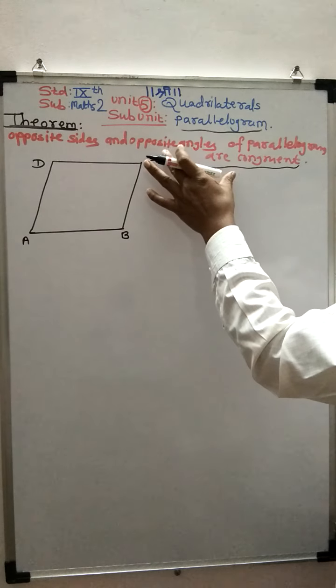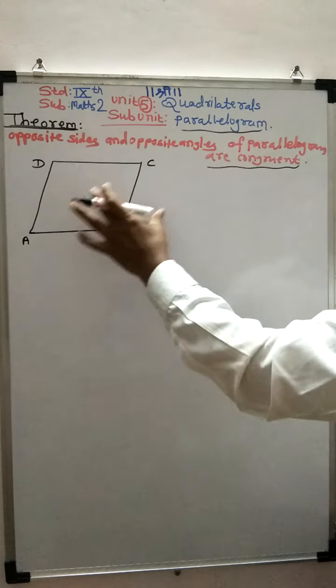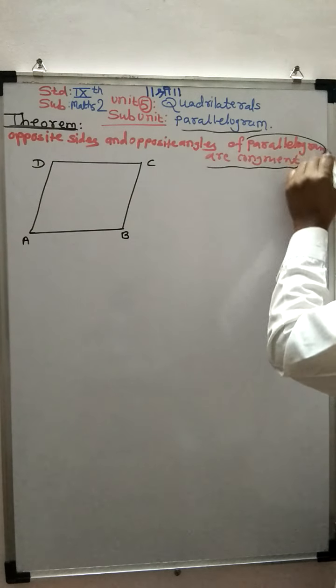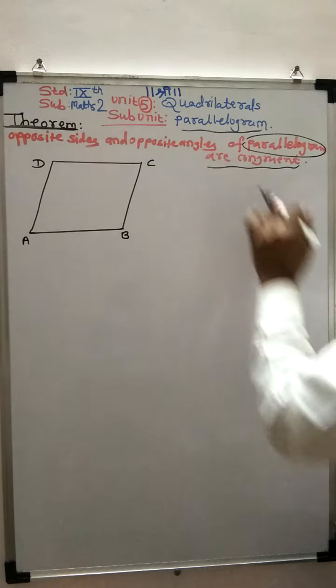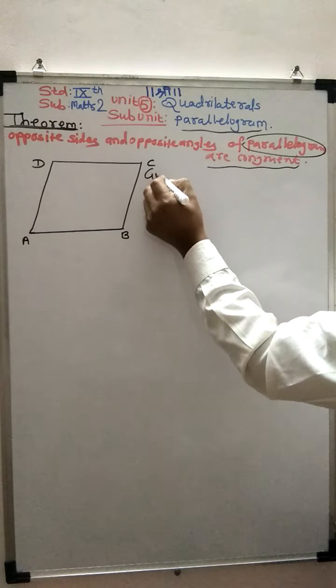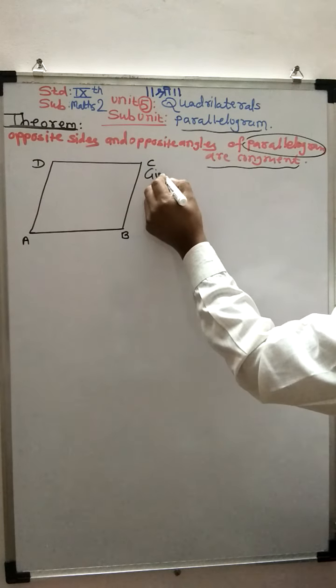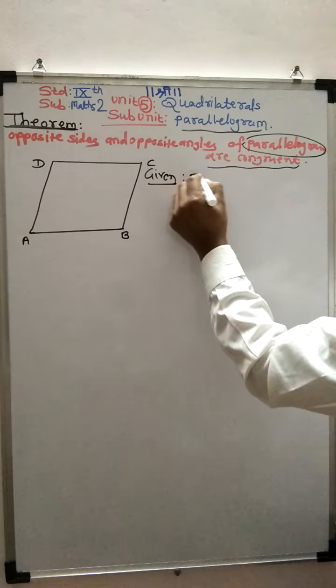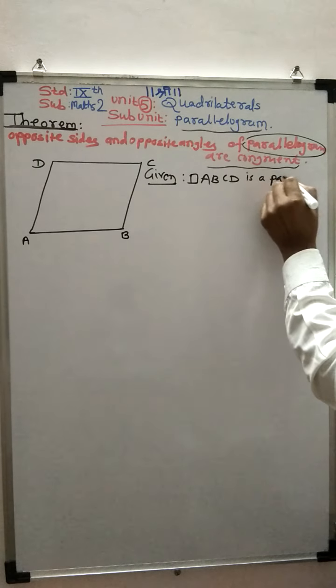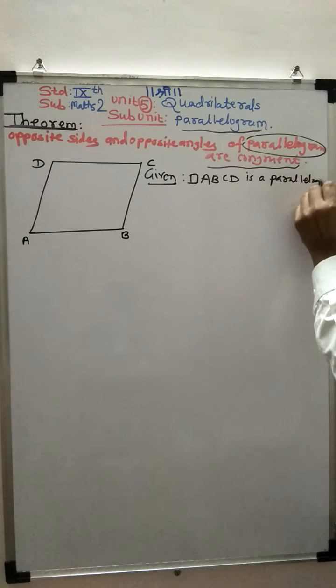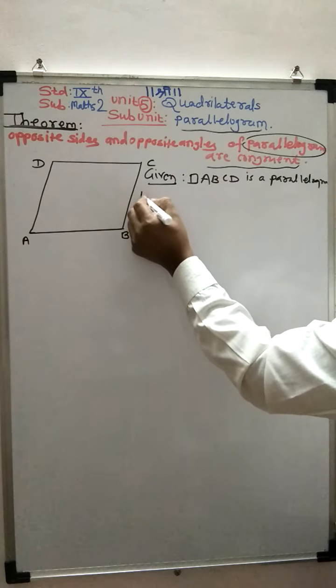This statement can be converted into if-then form: if the given quadrilateral is a parallelogram, then its opposite sides and opposite angles are congruent. Here we draw a parallelogram figure. Given: quadrilateral ABCD is a parallelogram.